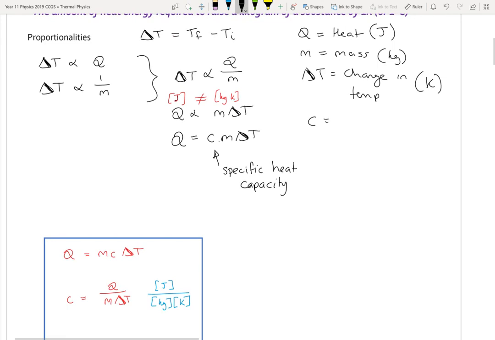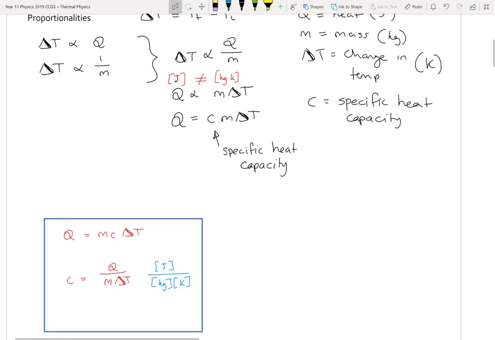Our C is specific heat, and it's joules per kilogram per Kelvin. If you multiply M delta T by this, the kilograms and the kelvins all cancel and out spits a number which we call joules.